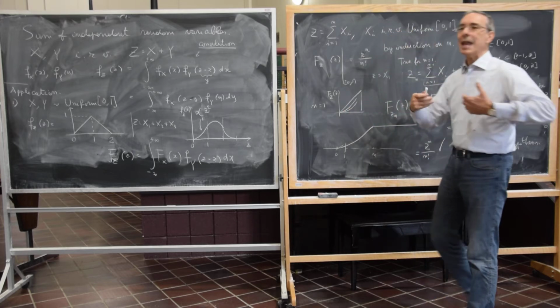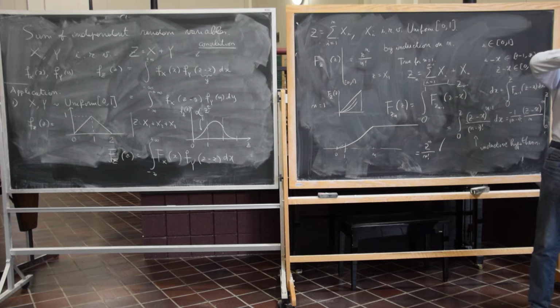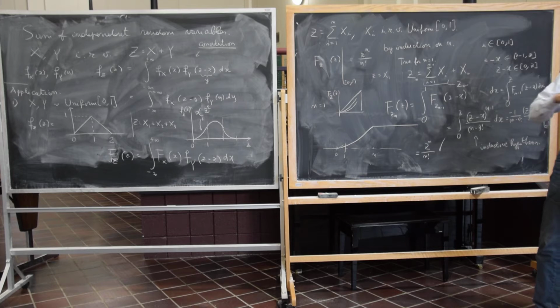So when n increases, this function starts in a smoother and smoother way from 0, closer and closer to 0. We will see that this behavior is common to many sums of random variables. We will see this during this lecture.